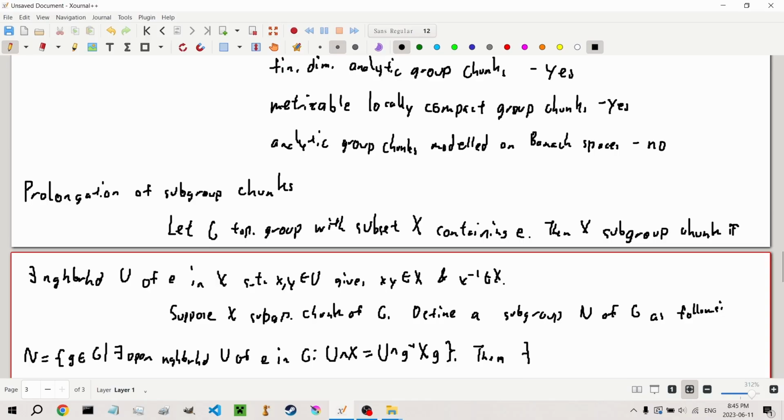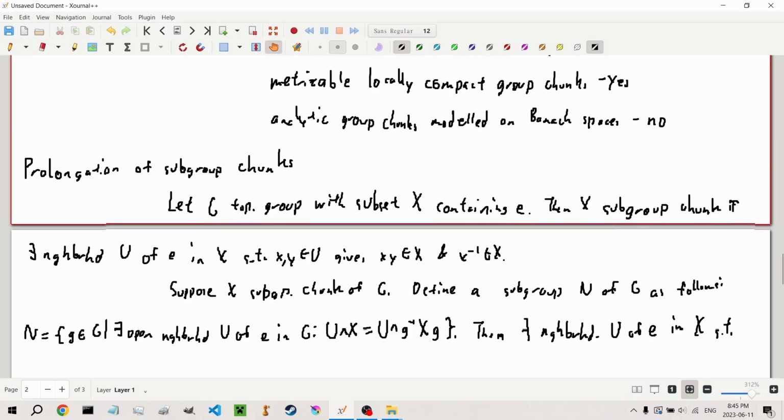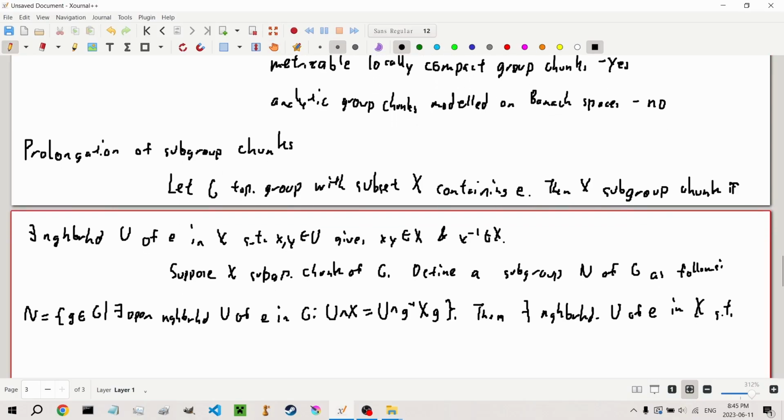We also have that there exists a neighborhood U of E in X such that U is contained within N. Let I from N to G be the inclusion.